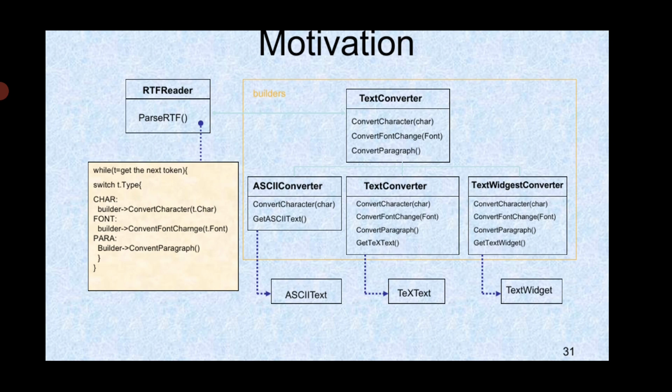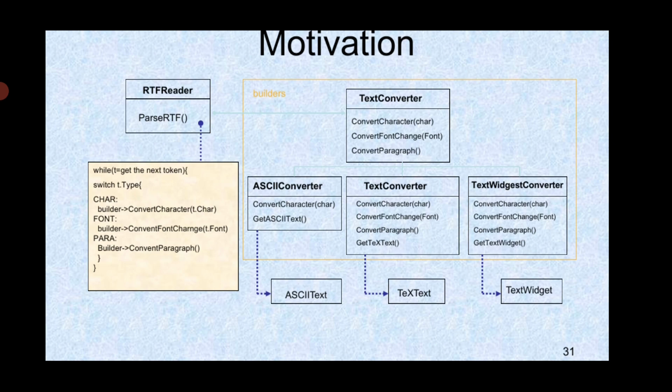The builder pattern separates the algorithm for interpreting a textual format, that is the parser for rich text format file documents, from how a converted format gets created and represented.